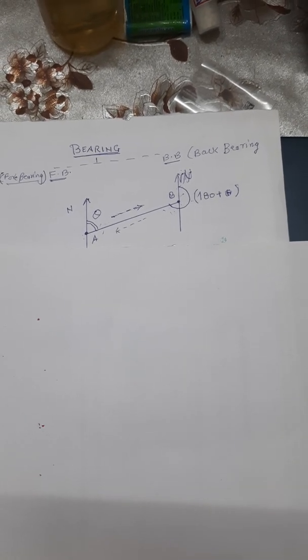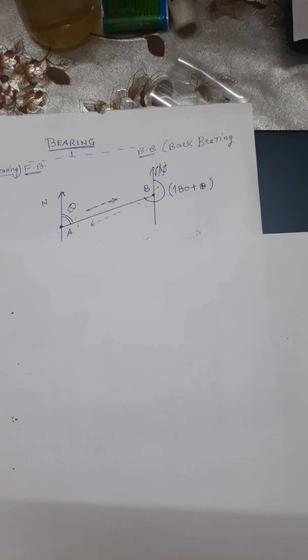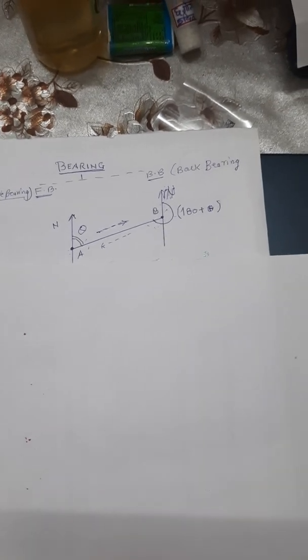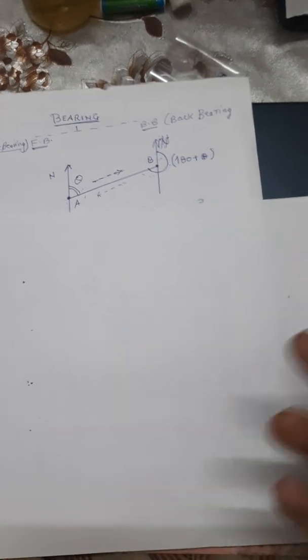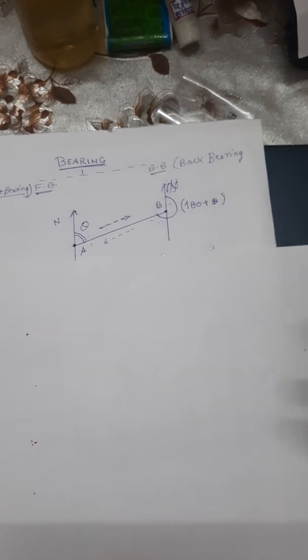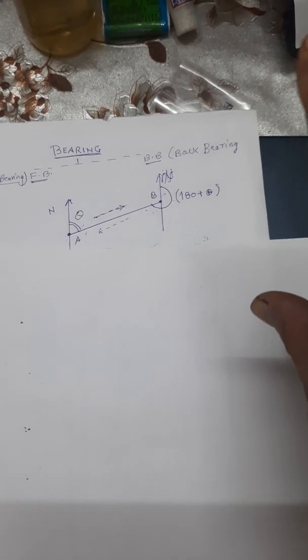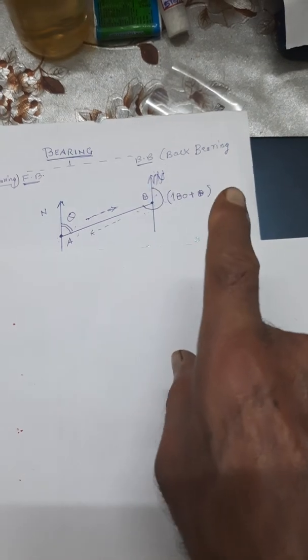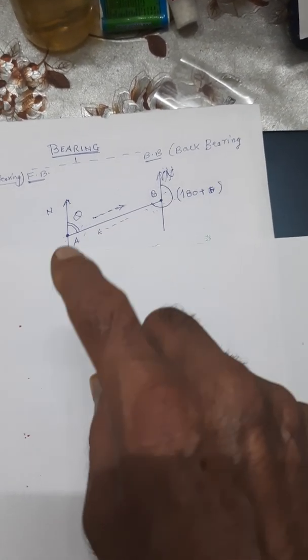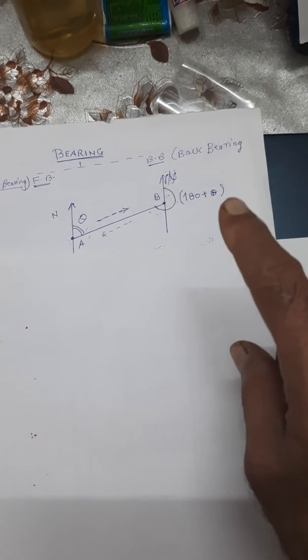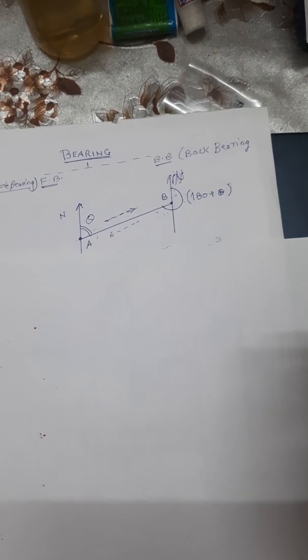There must be some local attraction, just like our watch, our cycle, our motorcycle, having something that attracts the magnet, that is related to iron, etc. A railway track going nearby. At that time the deflection will change, and you'll find that the difference between the forebearing and back bearing is not 180 degrees.